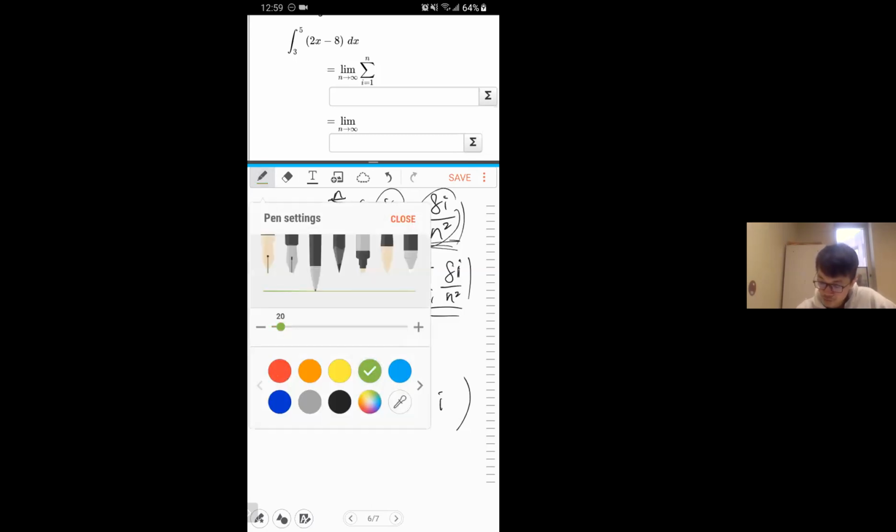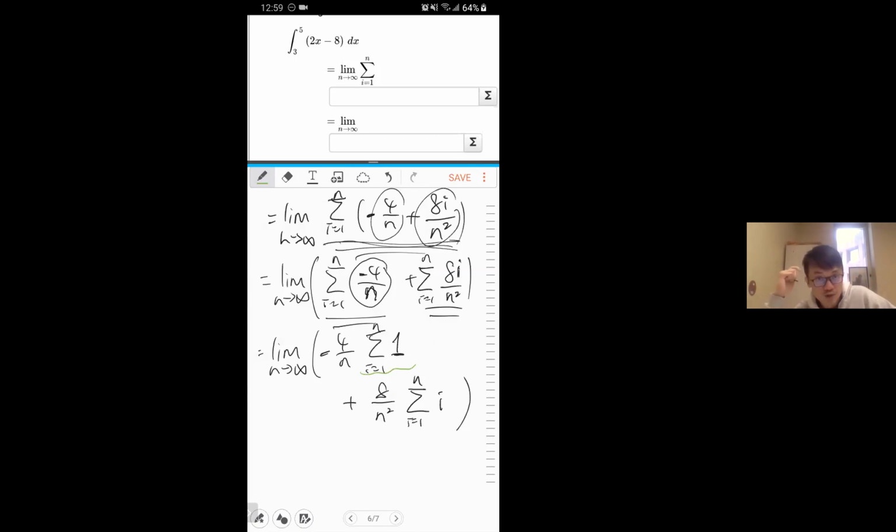And let's deal with the first one. What is the summation of 1? It doesn't depend on i. Okay, when I say it doesn't depend, I mean when you change i, that doesn't change the value. So for example, for the first summation, you're taking the summation of -4/n, i goes from 1 to n. When i equals 1, you get -4/n. When i equals 2, you get -4/n.